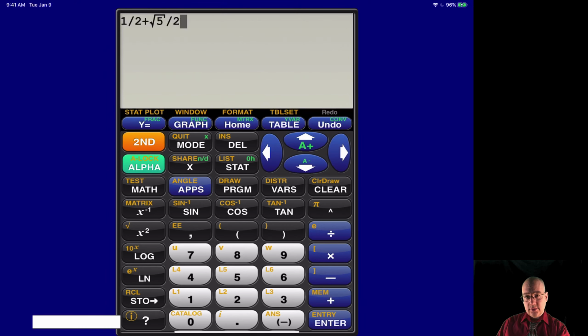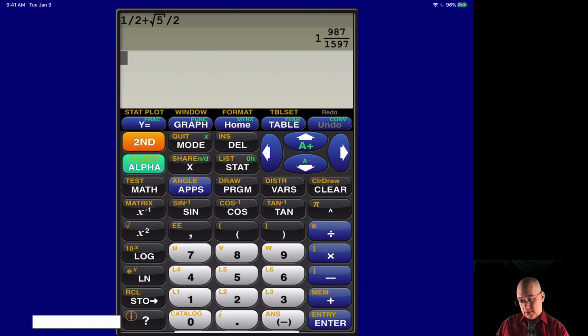What is the square root of 5? It's a little over 2, maybe like 2.2. We're dividing by 2, right? So that's like maybe 1.1, and 1/2 is 0.5, so that's like 1.6. So expect something in the 1.6 neighborhood. And I have a nice little answer.